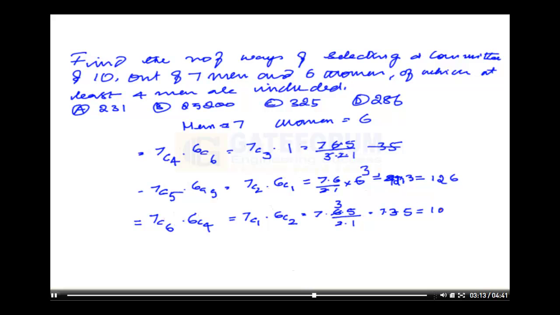Therefore that is equivalent to 105. That means 105 ways of selecting a committee of 10 people containing 6 men and 4 women. Again, in the next case, we can choose all 7 men and the remaining 3 women from 6 women. So therefore that is equivalent to 1 into 6 into 5 into 4 by 3 into 2 into 1. By simplifying, we get here 20.